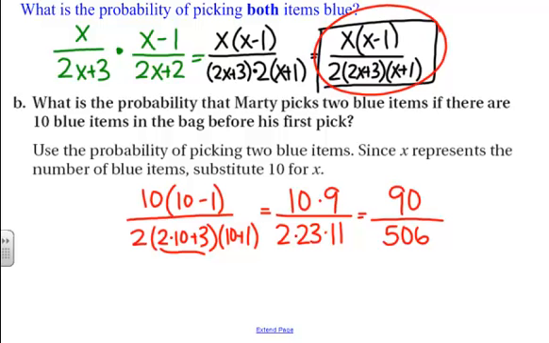Probability is most of the time represented in a percent or a decimal. Like 90 over 506 doesn't really make much sense. But if we divide those two numbers, we end up with 0.178, or about 18%. That's the probability of him picking 2 blue items. Not very high.